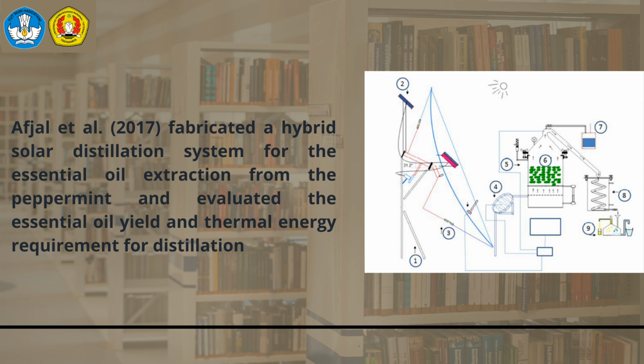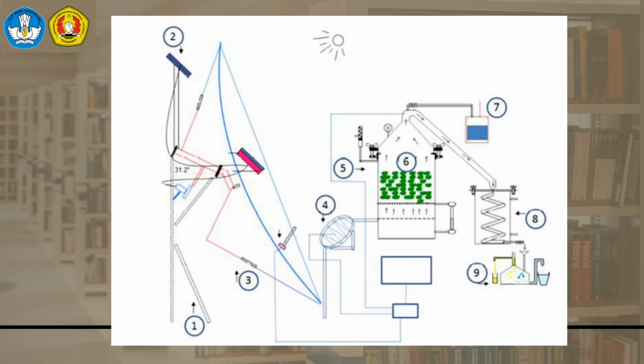A supplementary biomass arrangement was also attached to the distillation system to supplement it during severe weather conditions and seasonal climatic conditions in a typical year. This picture is the schematic of the solar distillery.